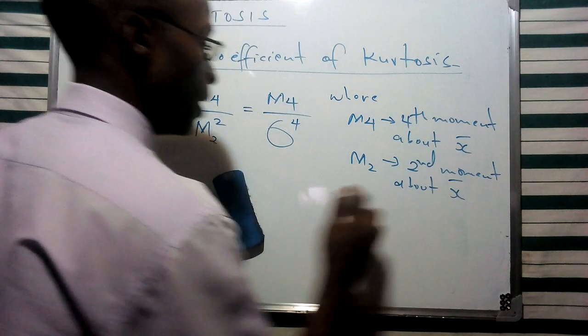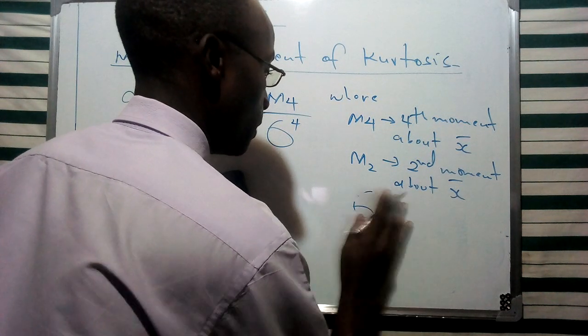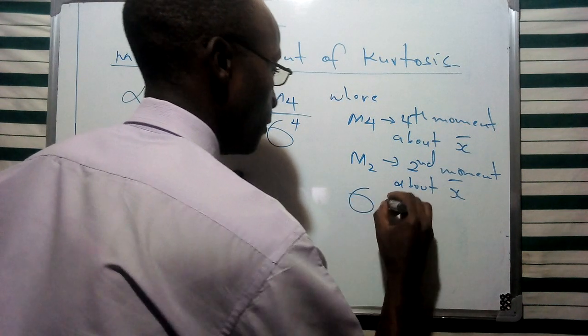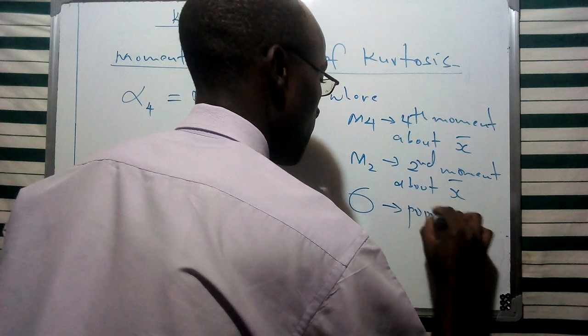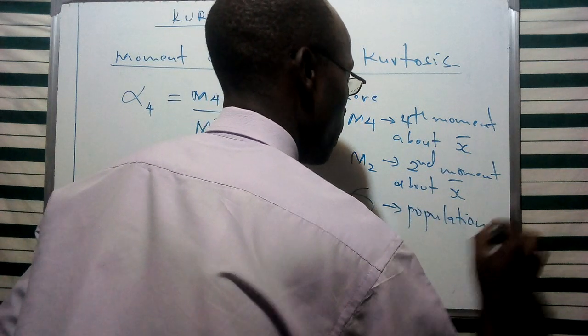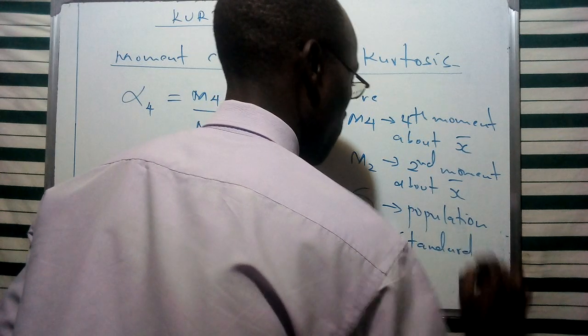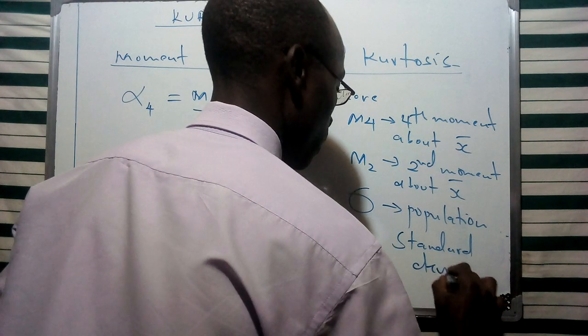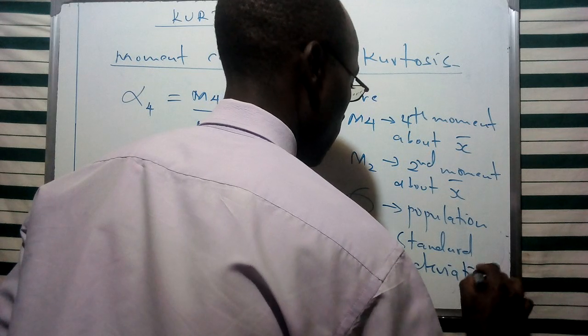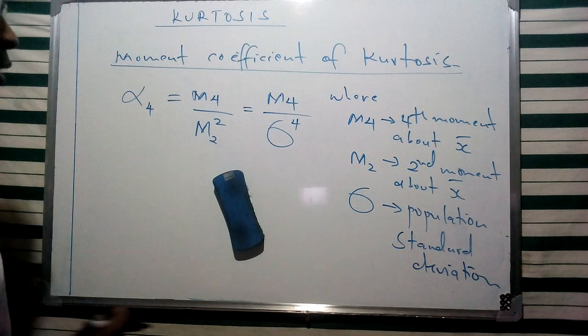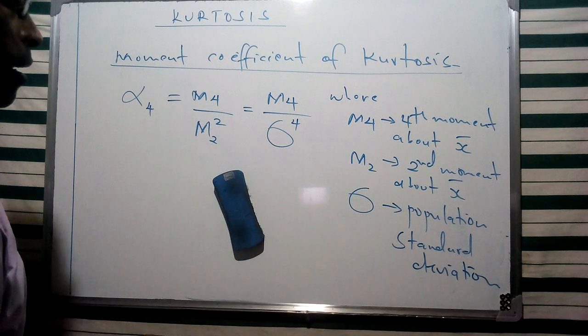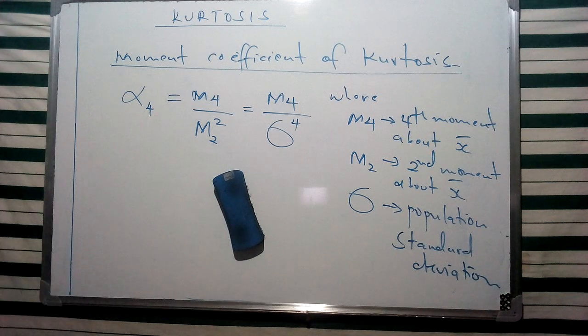And sigma is going to represent the population standard deviation. Sigma squared is going to represent the population variance, and sigma to the fourth is going to represent the square of the population variance.